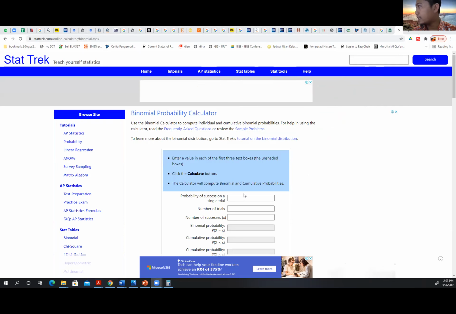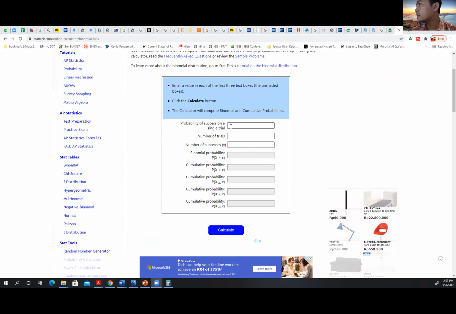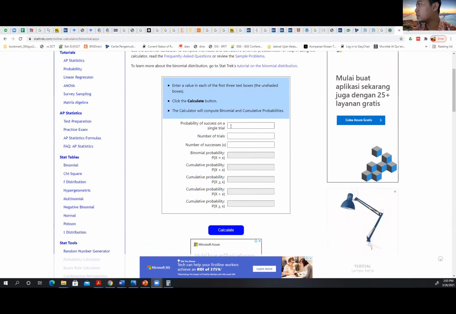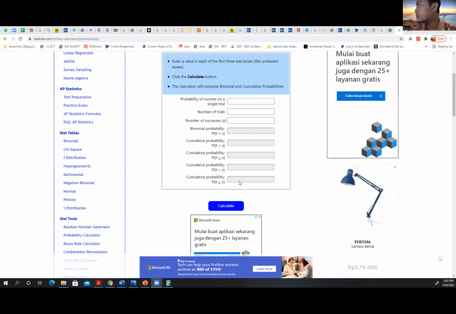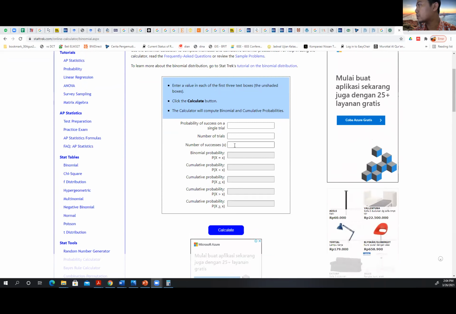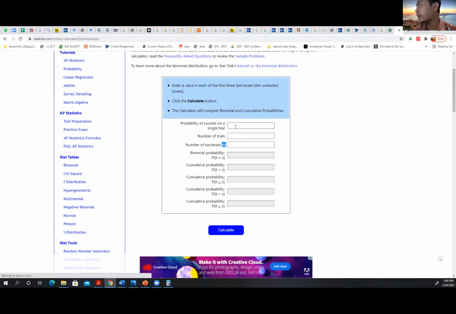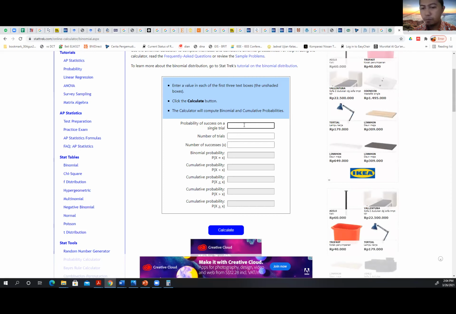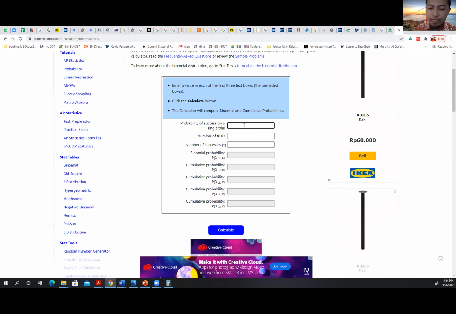Probability of success, actually this is P. In our case it is 0.25.